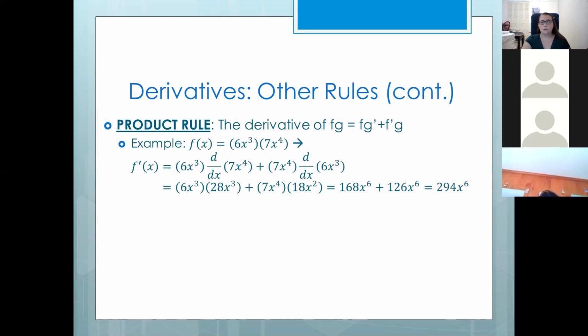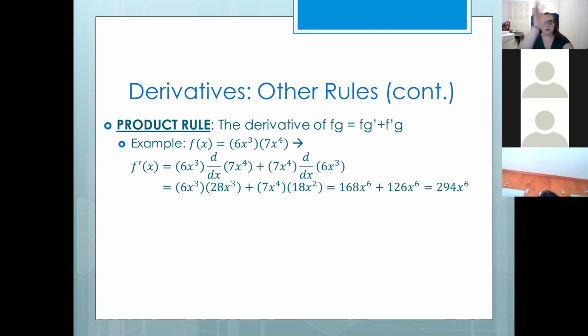The product rule, if we're multiplying two functions by each other, so f times g, we do the function f times the derivative of g plus the derivative of f times the function g. So for example, if this is our function, 6x cubed times 7x to the fourth, the derivative of this, we would take, so I'm calling the function f to be 6x cubed, and g is 7x to the fourth, right?